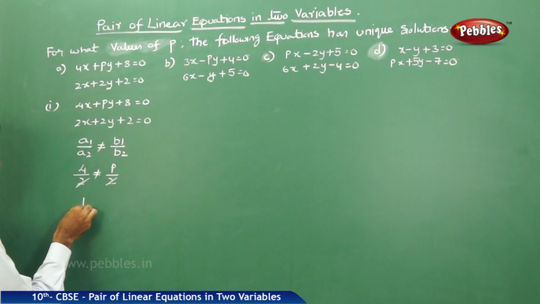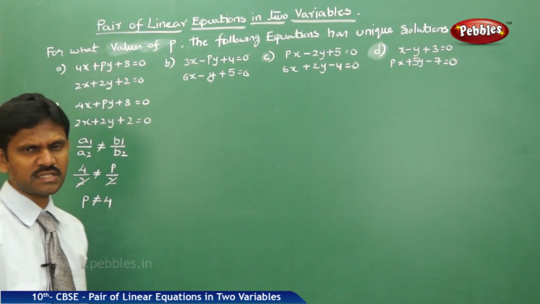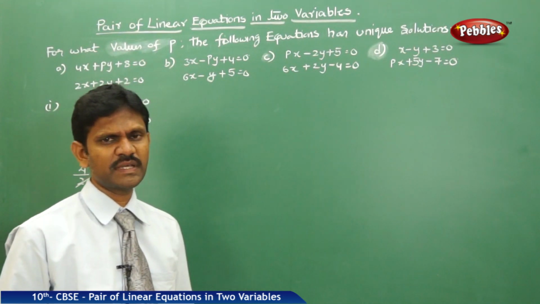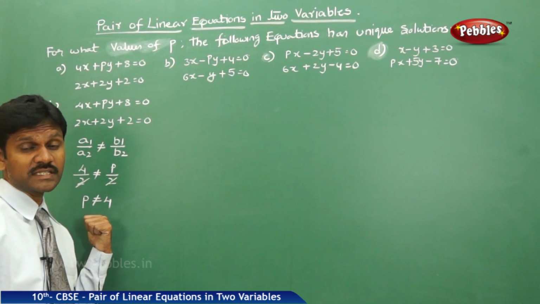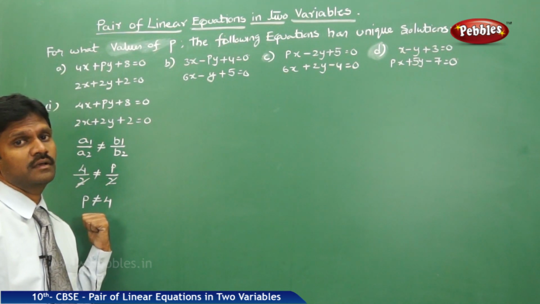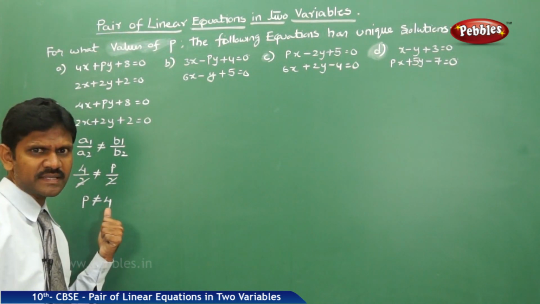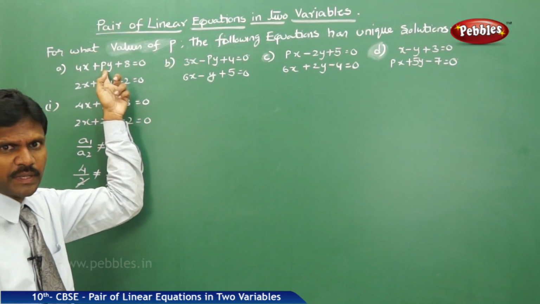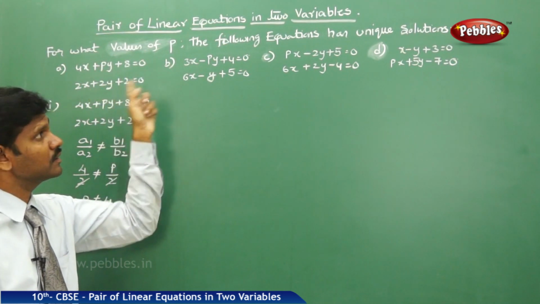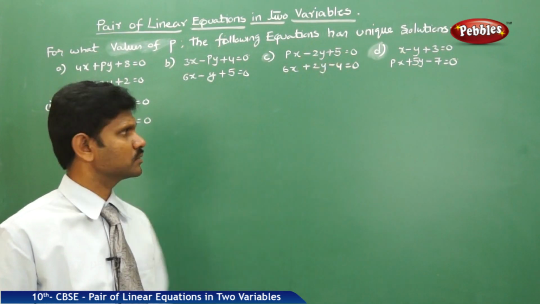Therefore p is not equal to 4. What does this mean? p will take all values except 4. That means you can substitute any number in place of p except 4, then the given pair of linear equations will have a unique solution.